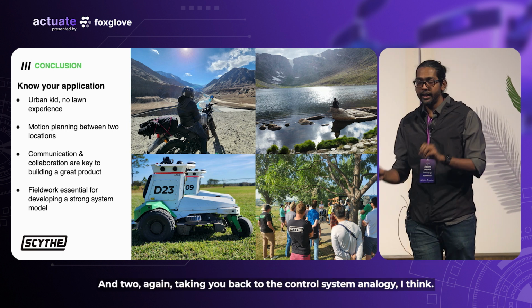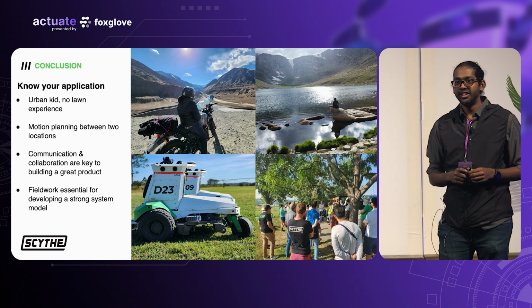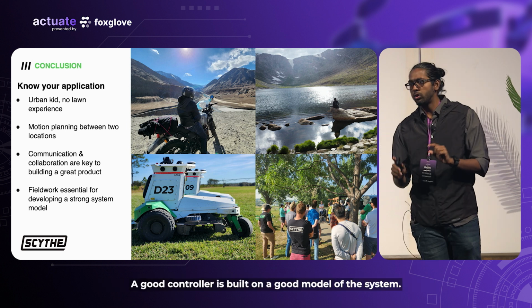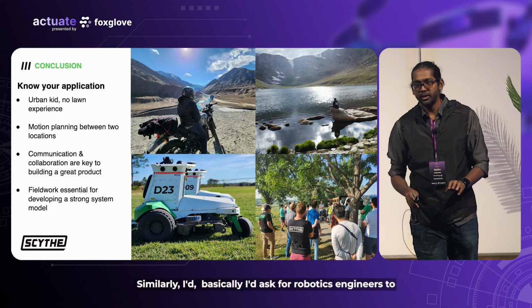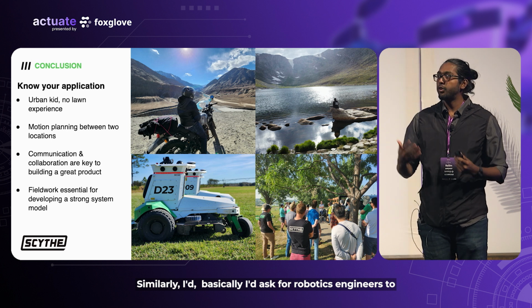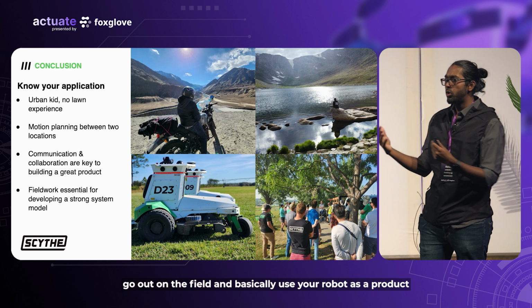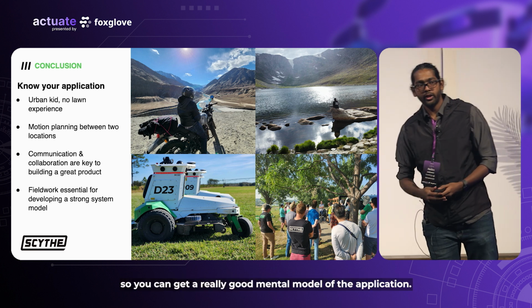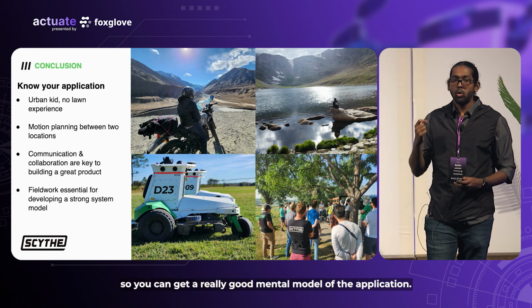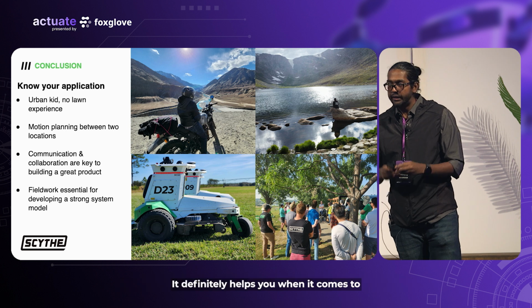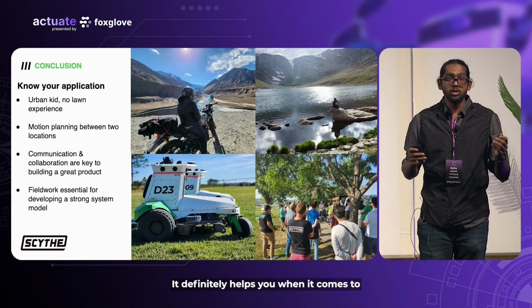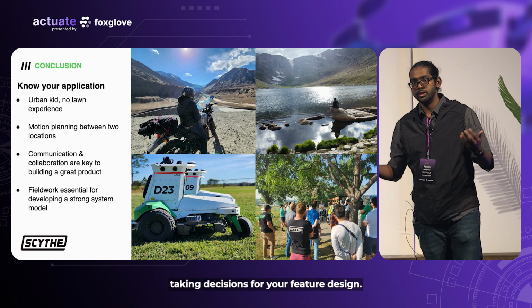And two, again taking you back to the control system analogy, a good controller is built on a good model of the system. Similarly, I'd ask for robotics engineers to go out on the field and basically use your robot as a product so you can get a really good mental model of the application. It definitely helps you when it comes to taking decisions for your feature design.